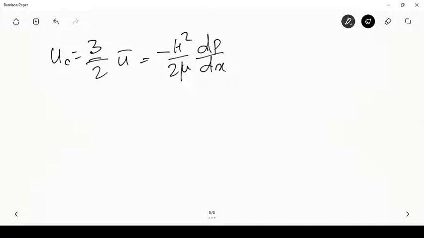So we get u bar, with the 2 by 3 on the other side, the 2 will get cancelled and 3 will come there. U bar will be equal to minus h squared by 3 mu into dp by dx.